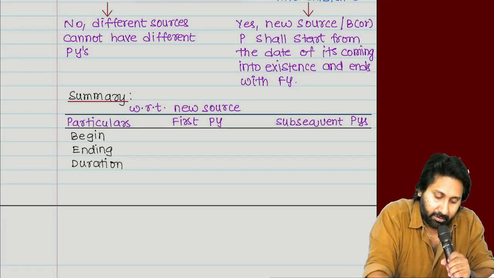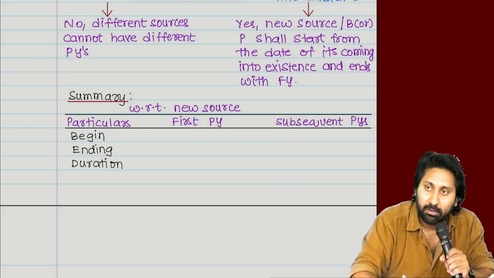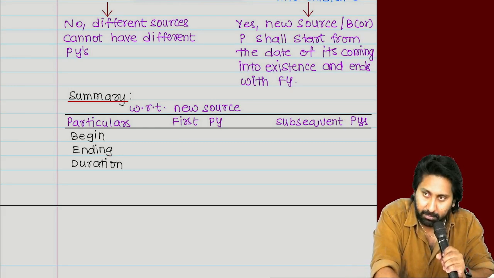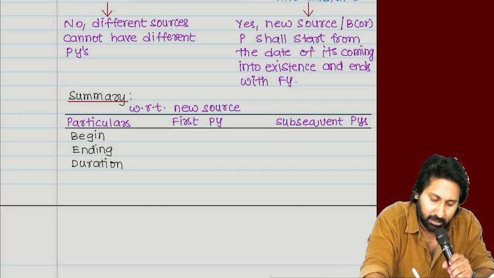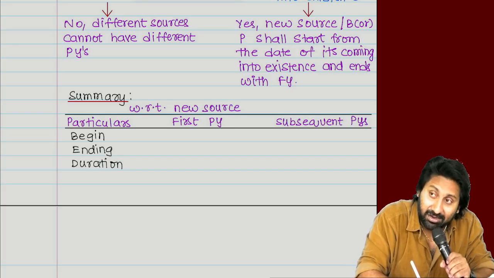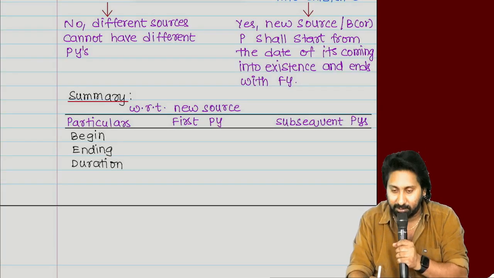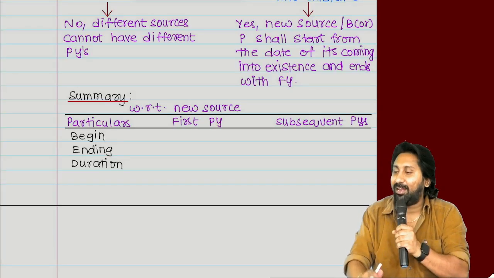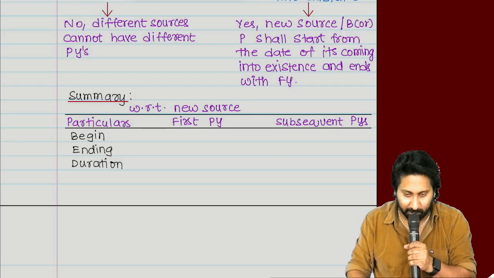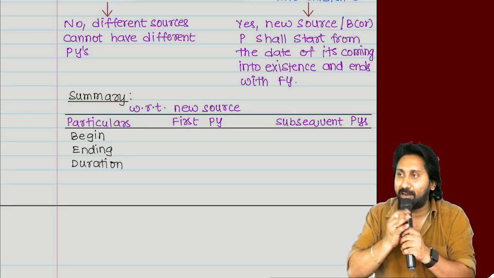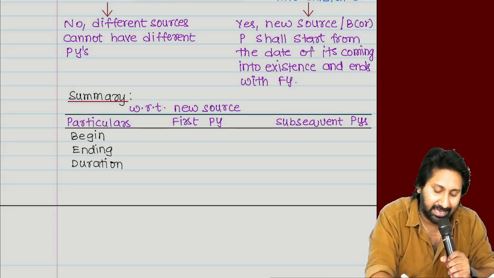Tell me, what is the first previous year beginning with? New business came. My previous year begins with which date? Summary we are writing. Everyone is answering one thing: date of... Date of what? Date of coming into existence.